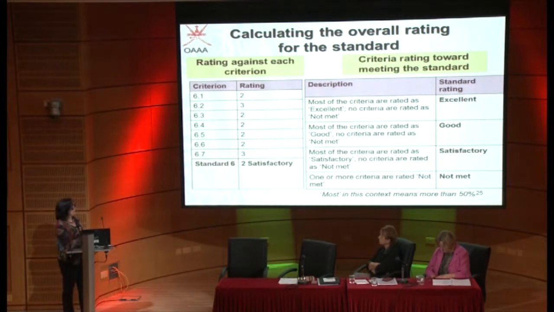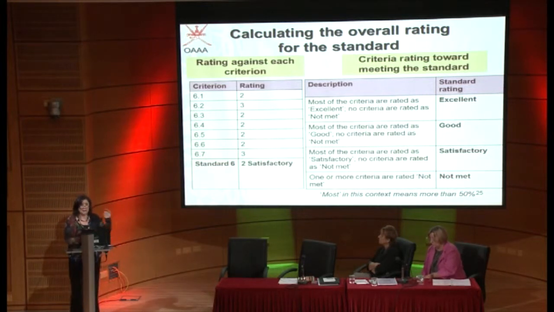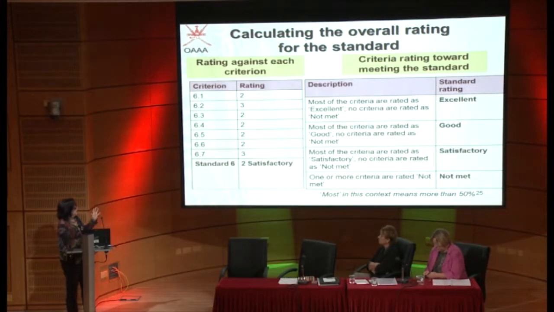So how do we calculate? It isn't cumulative, it isn't working out the average, it's modal. And the idea is 6.1, you've said, well, this is okay. You have to remember 2 is okay. 2 is you get accredited. If everything's 2, it'll be accreditation. 3 is good, and 4 is the icing on the cake, where you're saying this is exceptional, this is innovative, this is best practice.